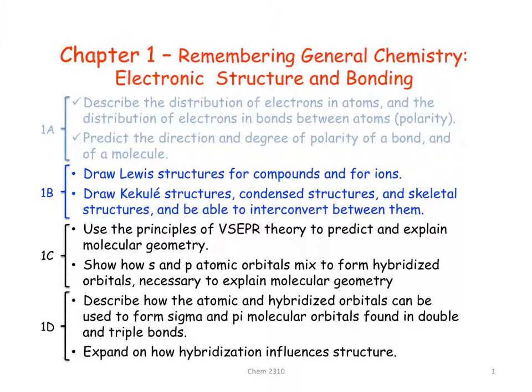Hey everyone, now that we've reviewed atoms and electrons and types of bonds and polarities, let's start putting our atoms together into molecules. And we're going to look at two different ways to account for the electrons and the bonds of molecules. The first way is really a bookkeeping method.